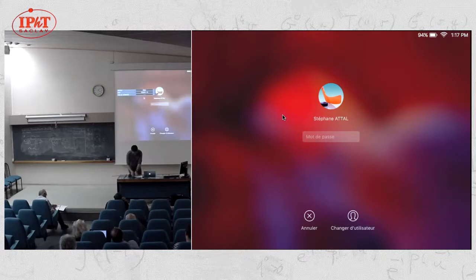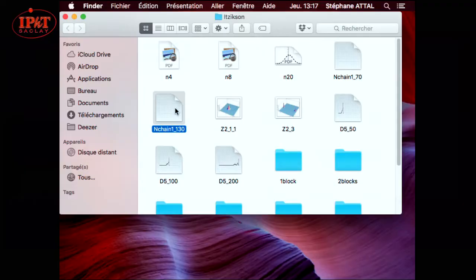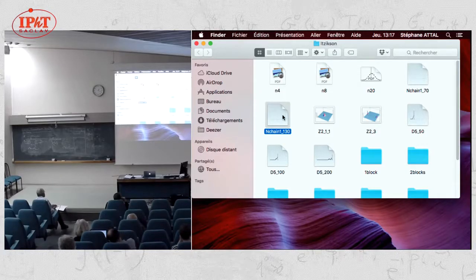So what has been done with these works? Let me tell you a few words about the properties of these open quantum walks. They contain all classical Markov chains.